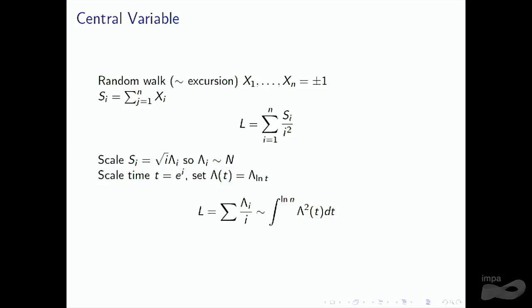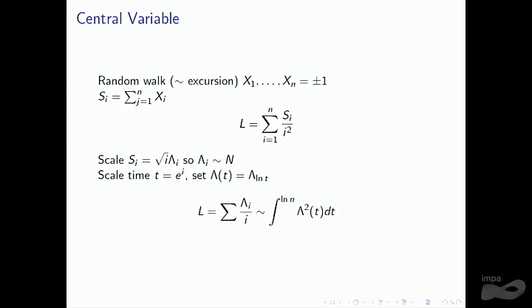So we have this awkward notation. Lambda of t is what lambda is when I is equal to log t. And then when you do it, L is the sum of lambda I over I, which then becomes the integral up to log n of lambda squared t dt.